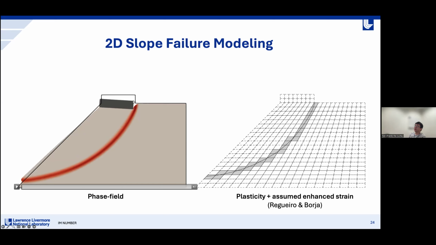But it doesn't mean that we have such large deformation for this simulation. I just want to give you a clear look of how this slip surface generates and how this upper soil mass or the rock mass can slide along the slip surface.